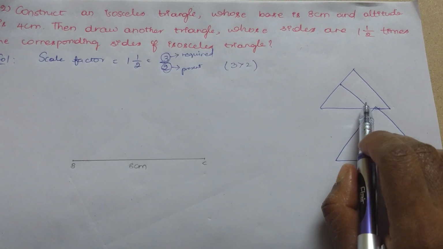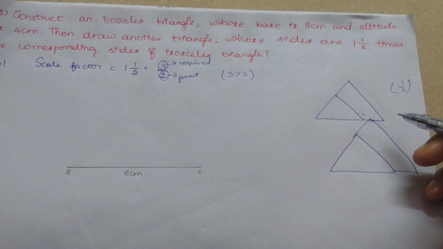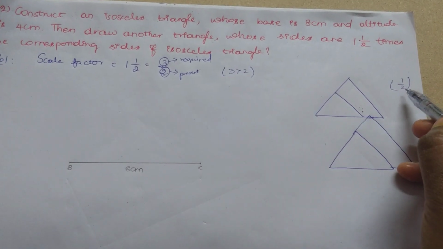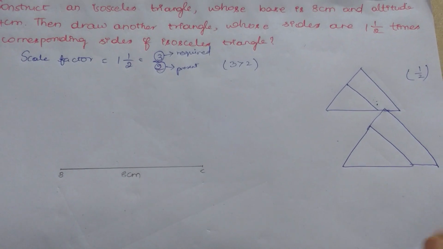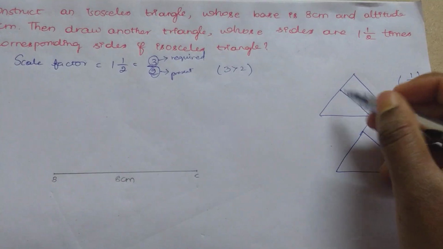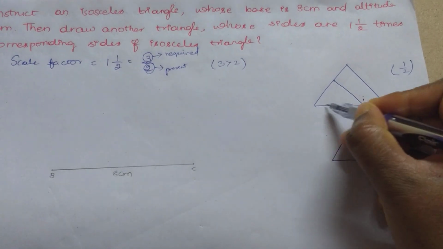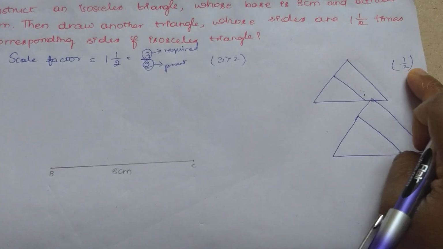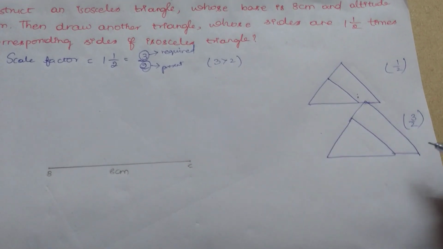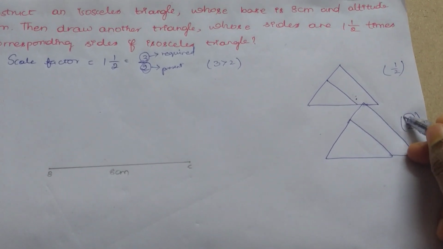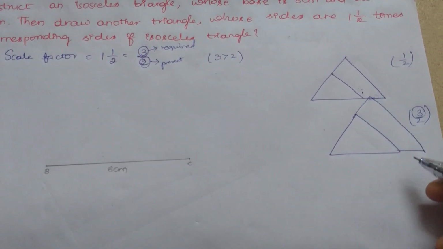This is why I have shown you: if the scale factor is 1 by 2, since 2 is the present triangle value and 1 is the required triangle value, the required triangle is smaller, so the new triangle will be like this. But here in the question they have given the scale factor as 3 by 2. Since the required triangle is larger, it forms exterior to the present triangle.